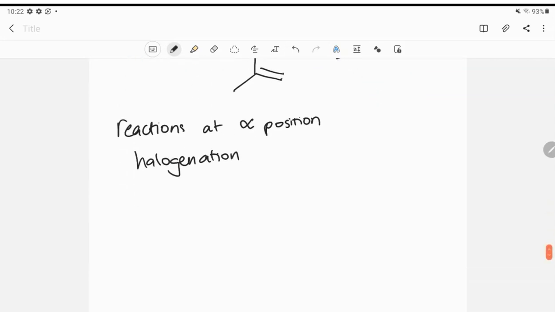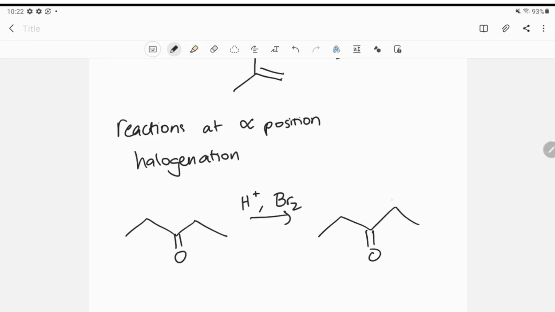We're going to see that if we take a symmetric one to start, and we use acid and a halogen, we're going to end up producing the halogenated form at the alpha position.